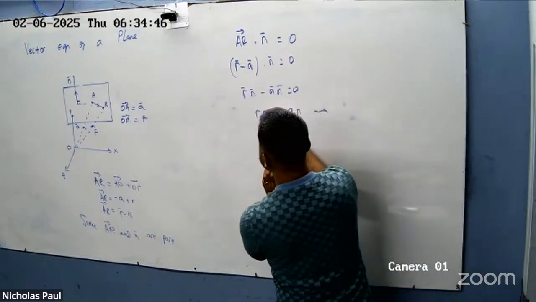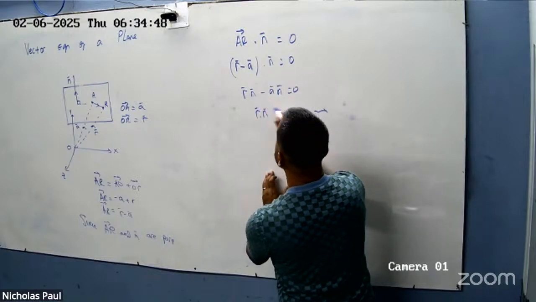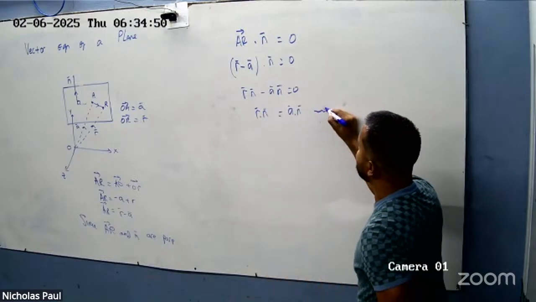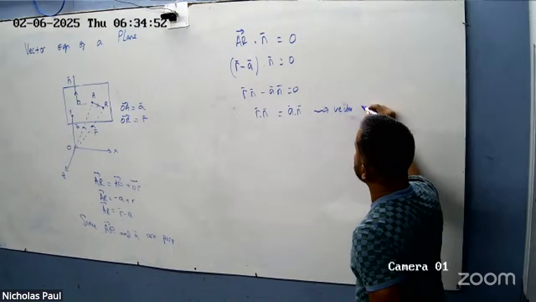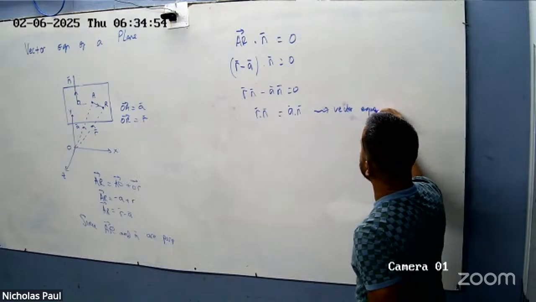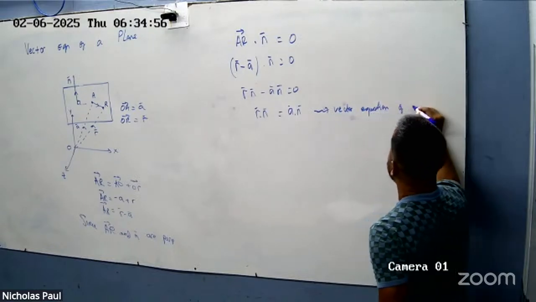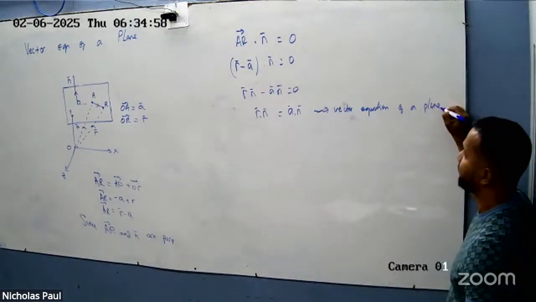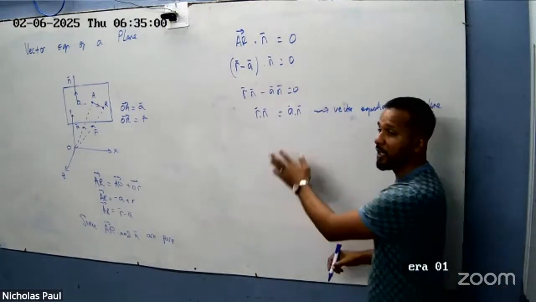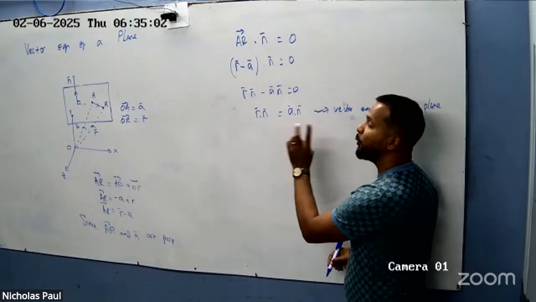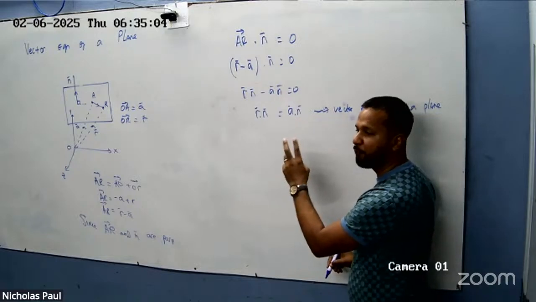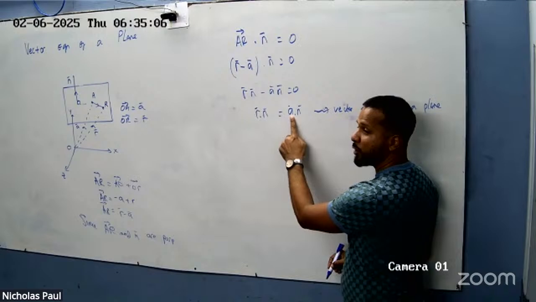This is what we call the vector equation of a plane. It'll look like this. So what do we need to get the vector equation of a plane?